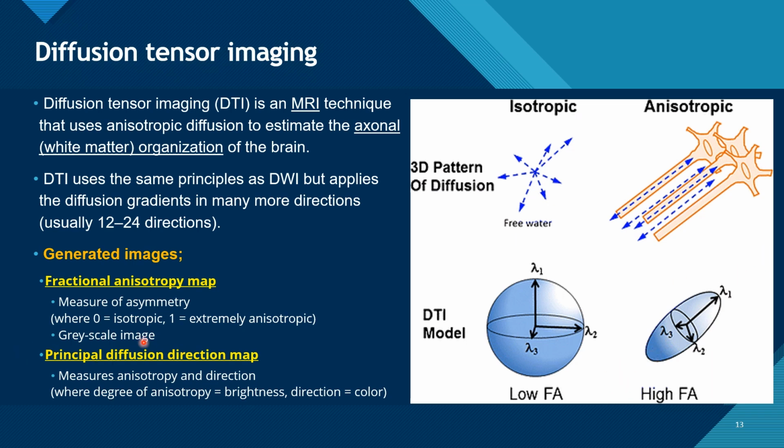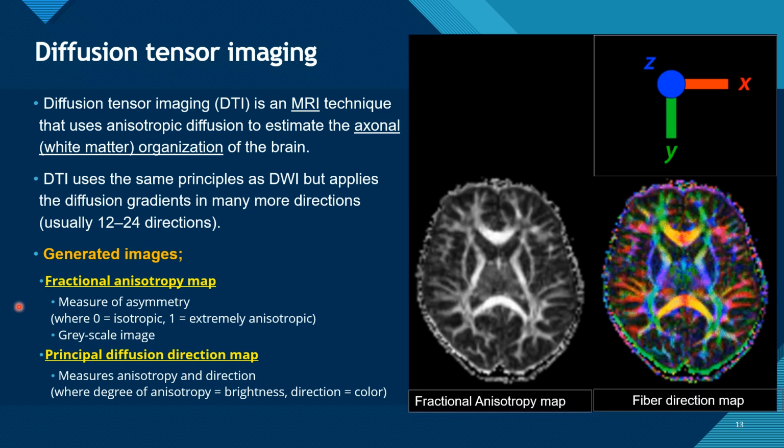This is a grayscale image, and the degree of directionality is represented by the intensity of the signal. So here we have an increasingly directional signal closer to 1, and in the lower signal intensity areas, the directionality is closer to 0.